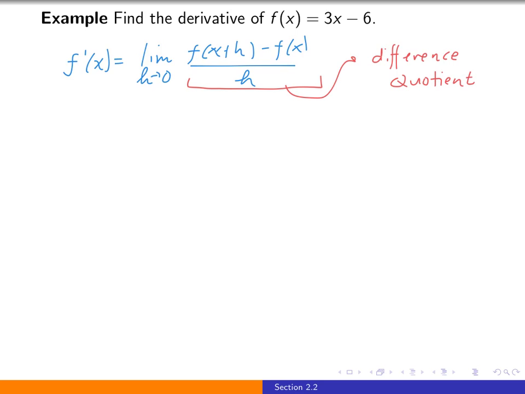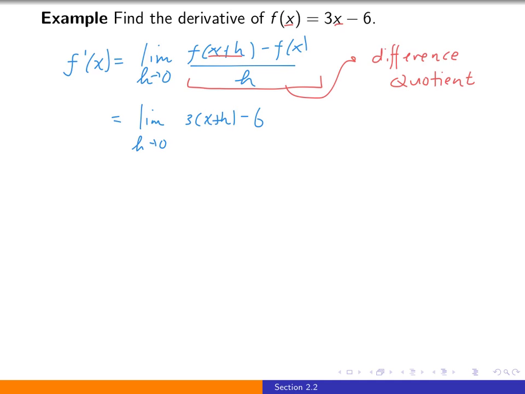So the first step towards evaluating this limit is to take care of the function evaluation. Every x in that function needs to be replaced with an x plus h. So this becomes the limit as h approaches 0 of 3 times the quantity x plus h minus 6, and this will be f of x plus h.